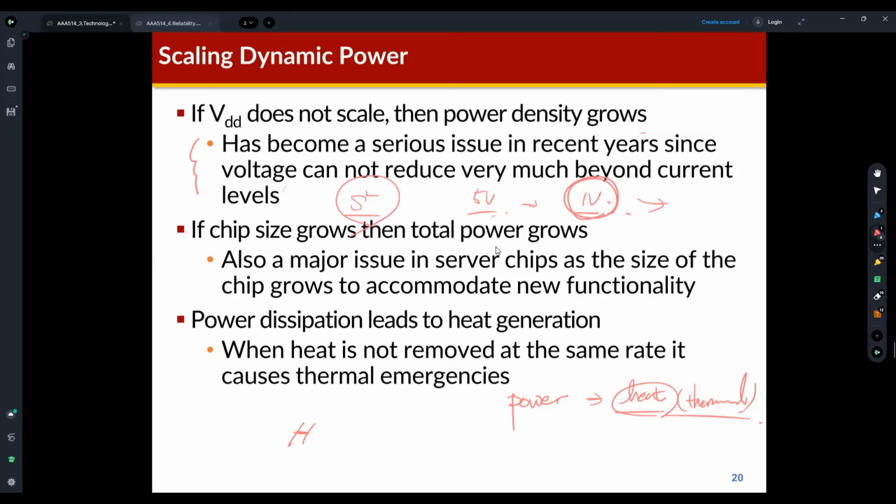If the chip consumes more power, it means that the chip is getting hotter. So we need to invest more cost in the cooling system or cooling mechanism of this computer system. Also, this power is related to the packaging.